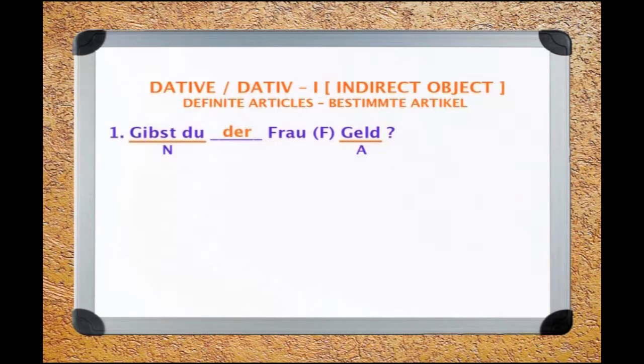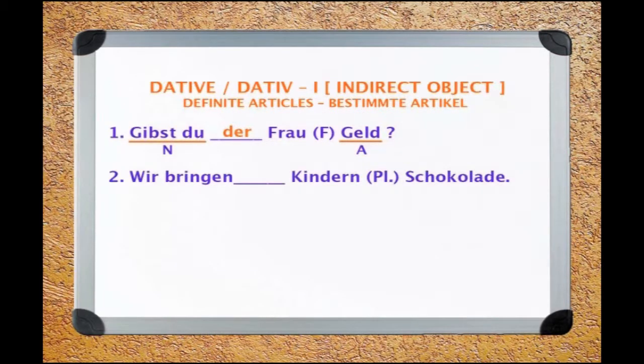Now, please look at sentence number 2. Wir bringen Kindern Schokolade. Here we have the pronoun wir, which is the nominative. We have the verb bringen, which means to bring, and it is at the second position. And if you see the sentence, we have to first formulate the question, who brings?